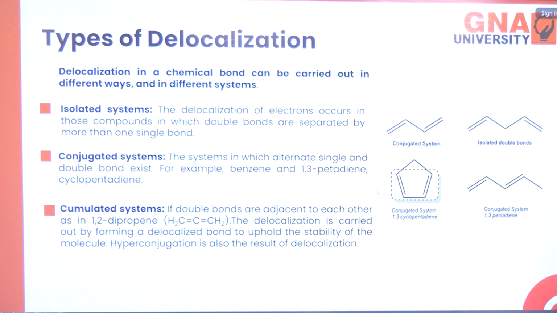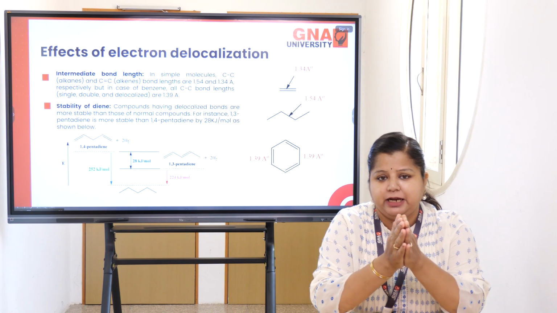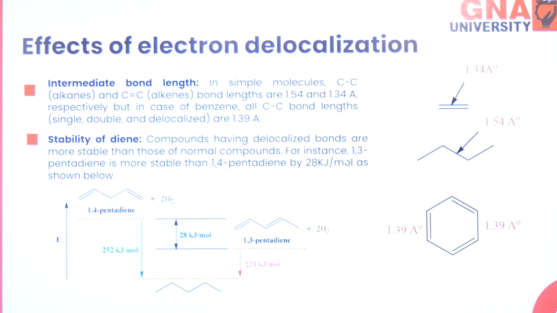Now what is the effect of this electron delocalization? We can take the example of alkanes and alkenes. We know that alkanes have only single bonds, that is sigma bonds, but alkenes also have double bonds. Alkanes have the longer bond length of a sigma bond, but alkenes have shorter bond lengths.